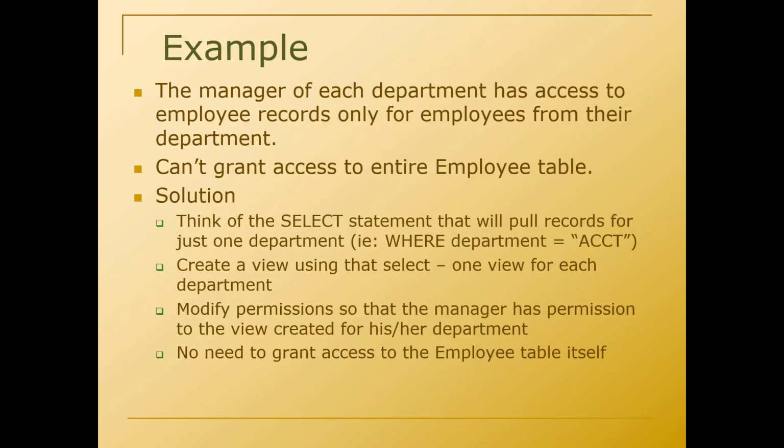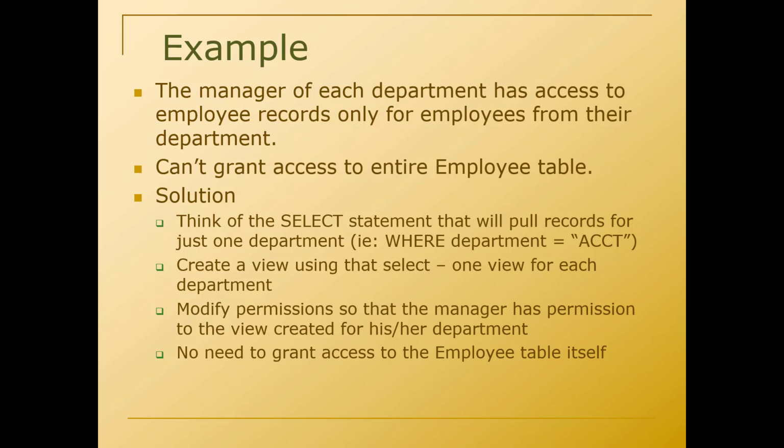So here's some examples of views you might consider. There's a manager for each department, and that manager should have access to the employee records in their department. If you give them access to the employee table, they have access to every record, including employees not in their department.